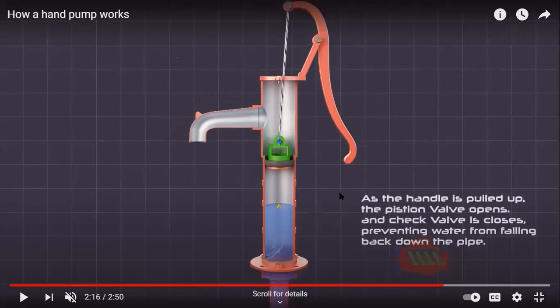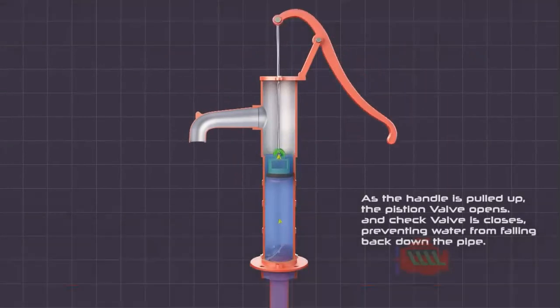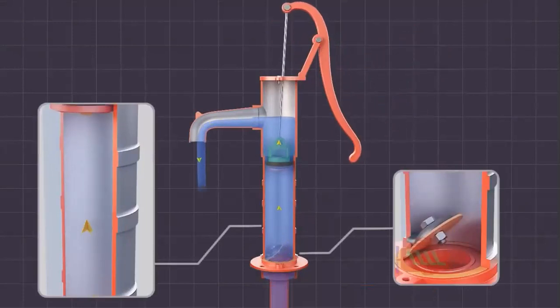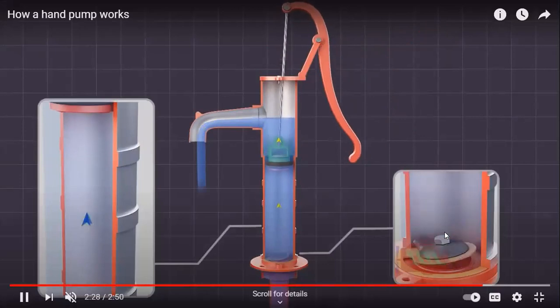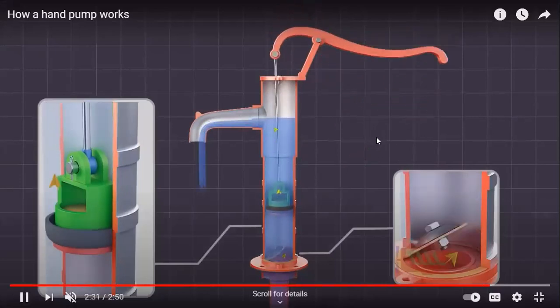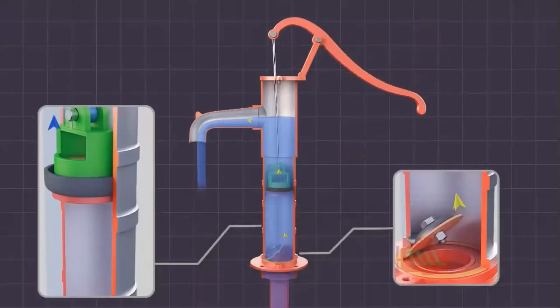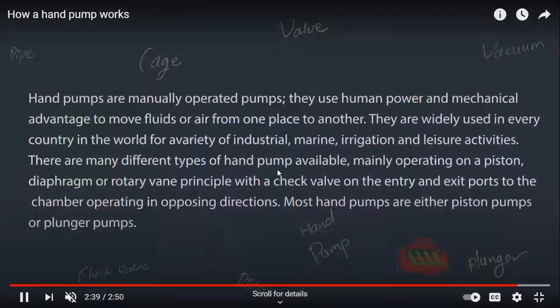And as the handle is pulled up, the piston valve opens and the check valve is closed, preventing water from falling back down the pipe. So that is the valve here, the open valve. So the water comes from the sump end.